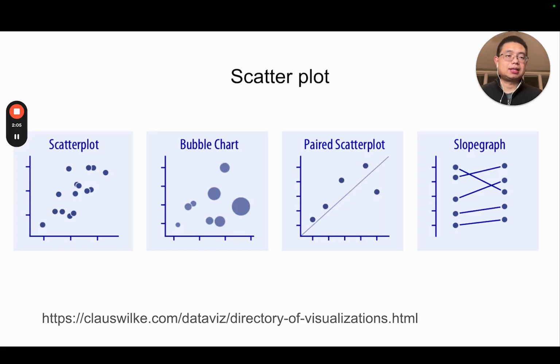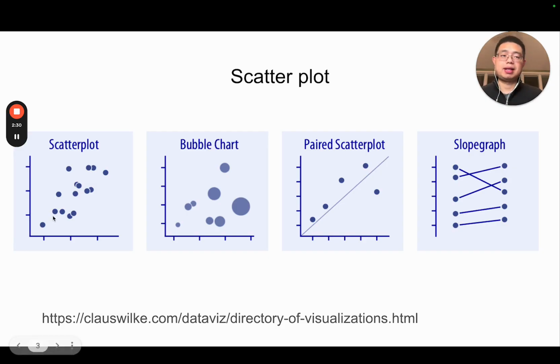The next plot type is the scatter plot. Scatter plot is very frequently used to look at the relationship of 2 different variables, x and y. So in this case, you have the x-axis here and the y-axis here. For example, you may have 2 genes, gene A and gene B, and each point here could be one sample or one single cell.